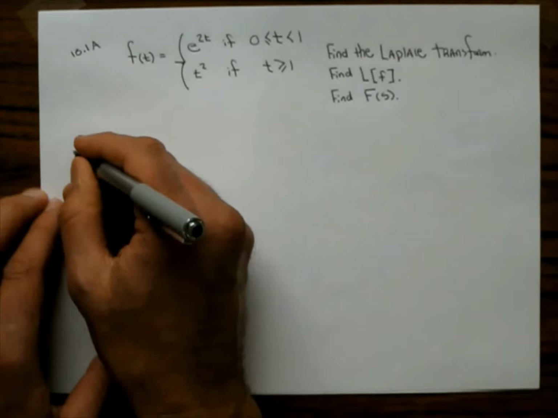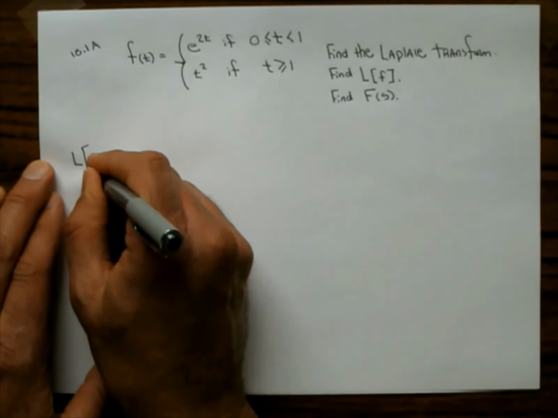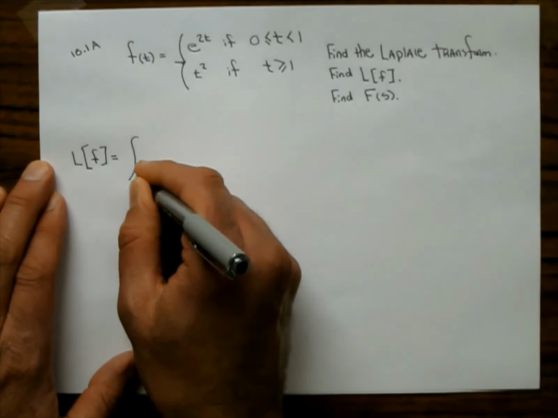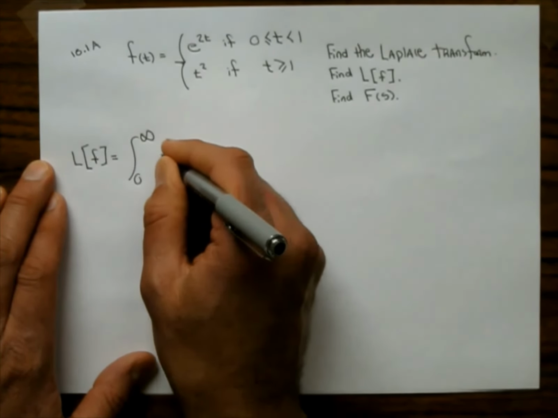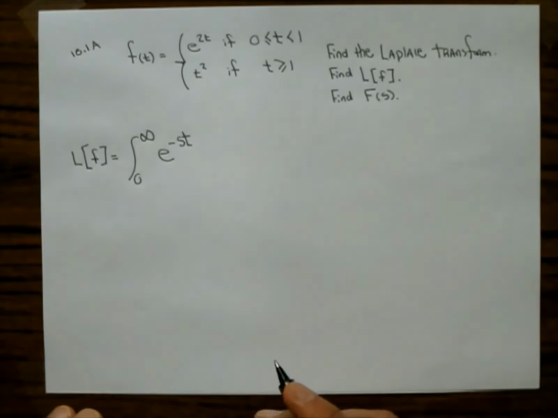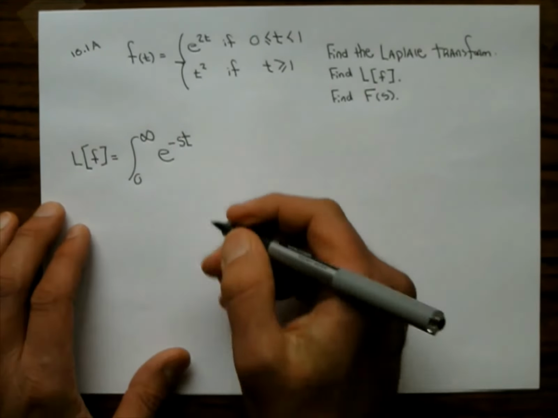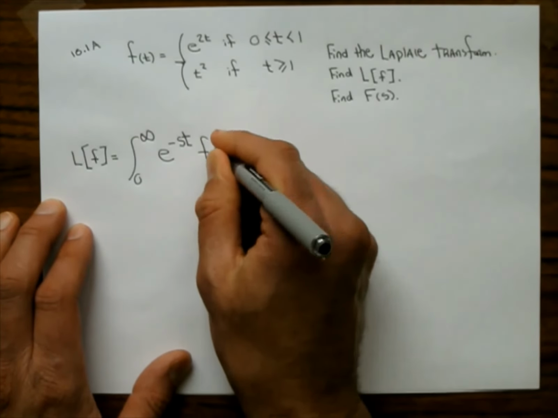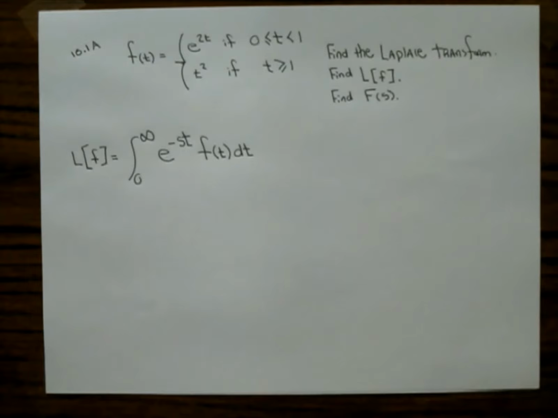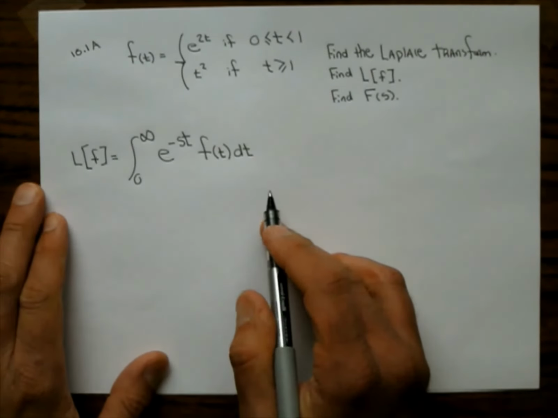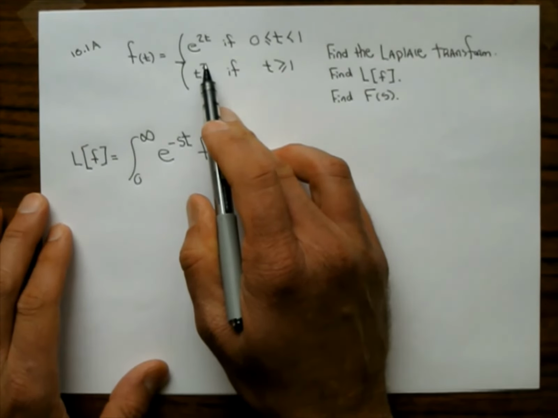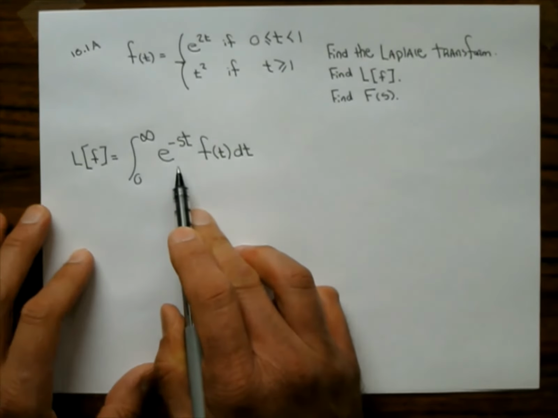So how do I find the Laplace transform? What I have to do first is write down the definition. This goes from 0 to infinity, e to the negative st. If it was a face-to-face class, I'd say this is something you should memorize. There's the Laplace transform. And how are we going to stick this piecewise defined function into this?